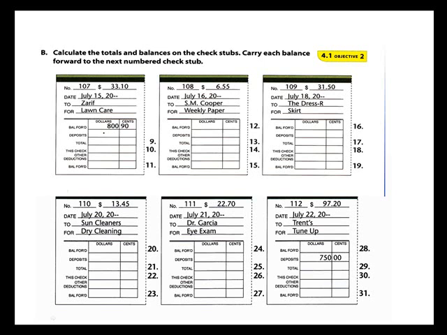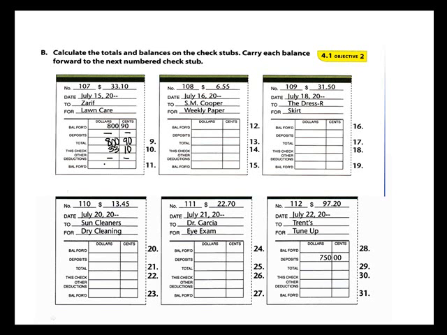This was not a deposit. This leaves me with $890. The amount of this check is $33.10. There were no other deductions.